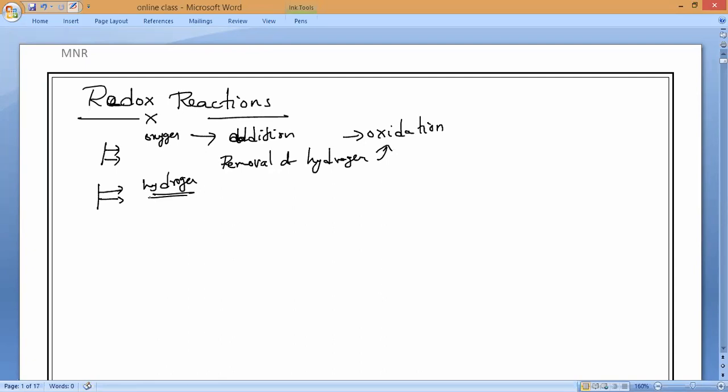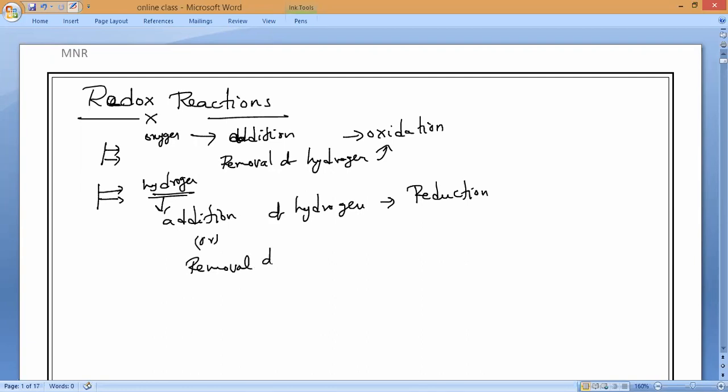Now in the form of hydrogen, addition of hydrogen we call reduction, or removal of oxygen we also call reduction.